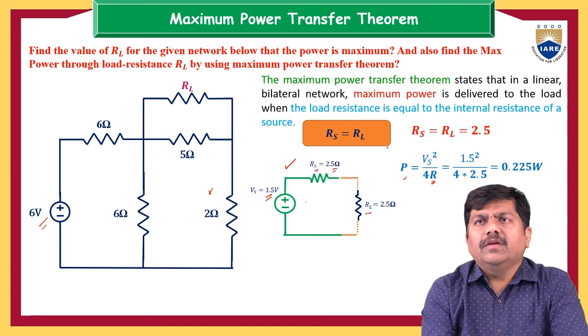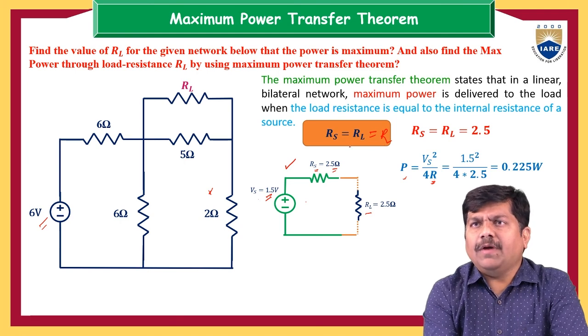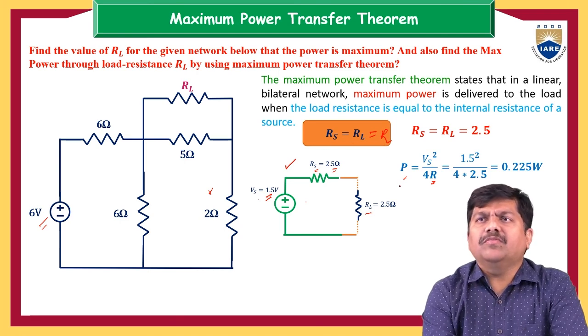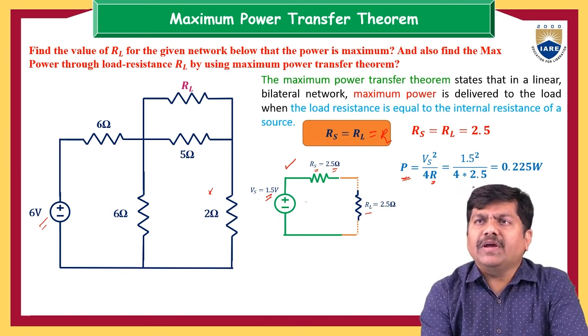To overcome the ambiguity about whether to select RS or RL, R might be either, because we achieved this expression by assuming the maximum power, so it doesn't matter here. With 4 times 2.5 in the denominator and 1.5 squared in the numerator, finally the power is 0.225 watts.